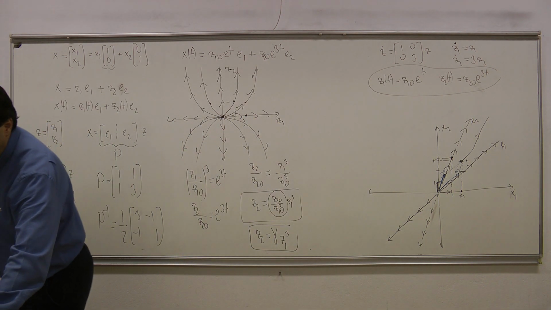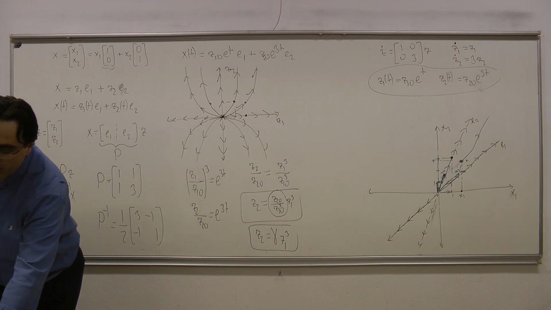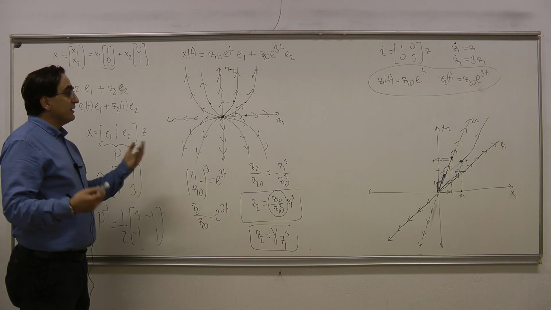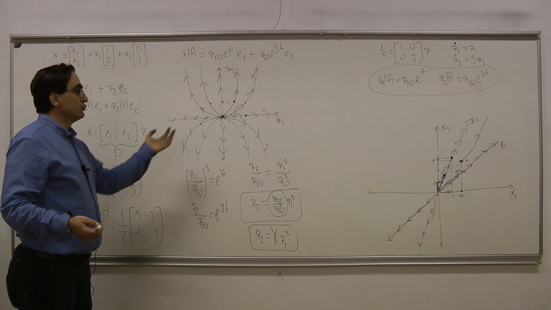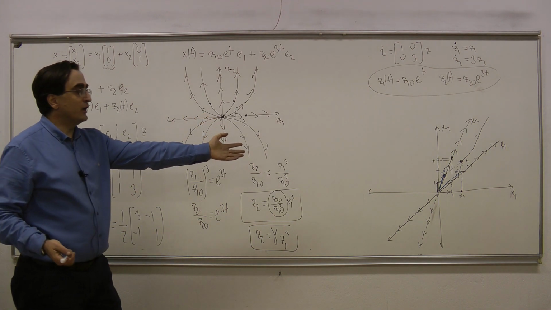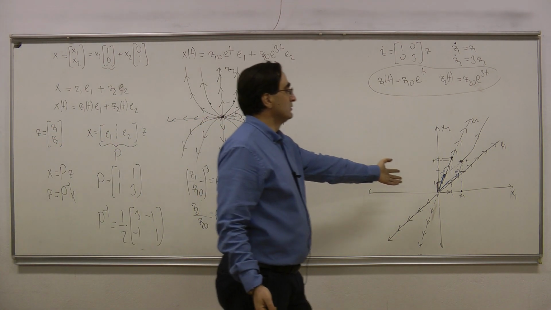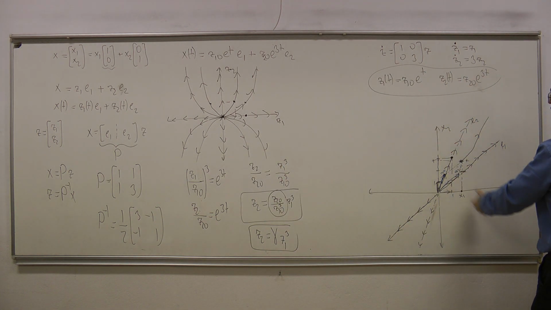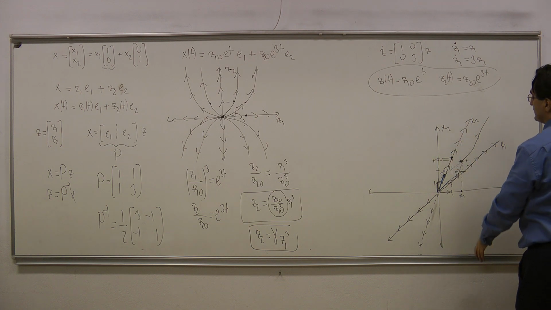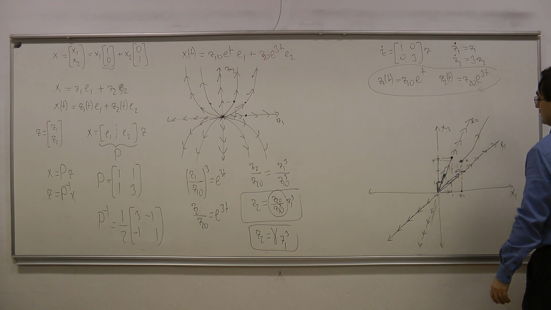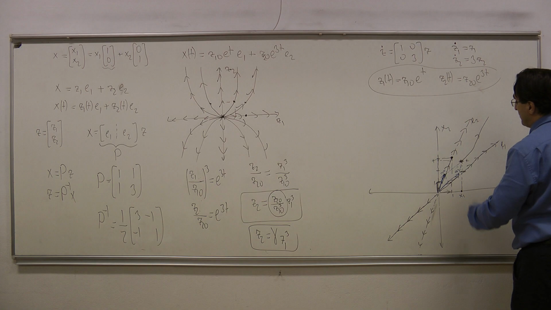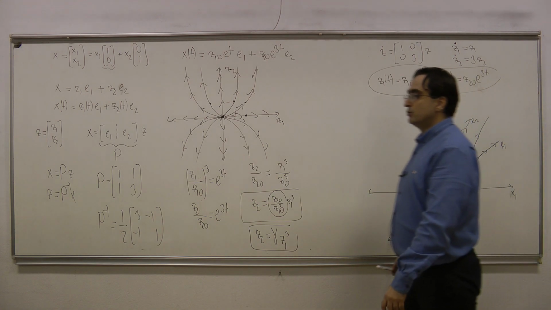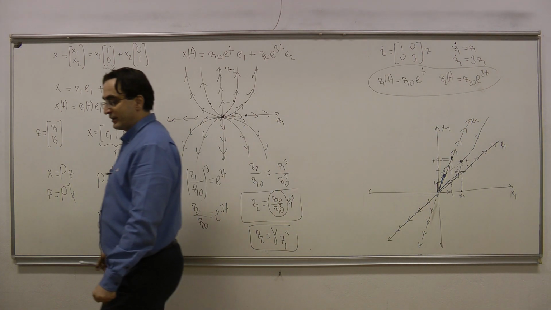So then I will ask the following question. What is going to happen to the original motion when I go back to the x1, x2 plane? If I try to draw the trajectories here on this x1, x2 plane, what is going to happen? How would the trajectories look in that case?